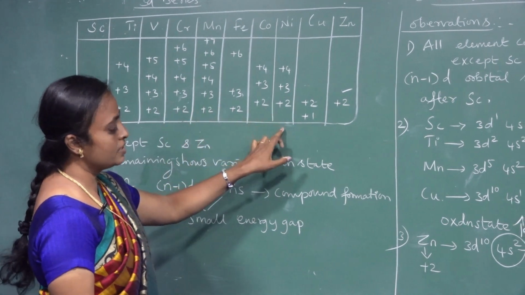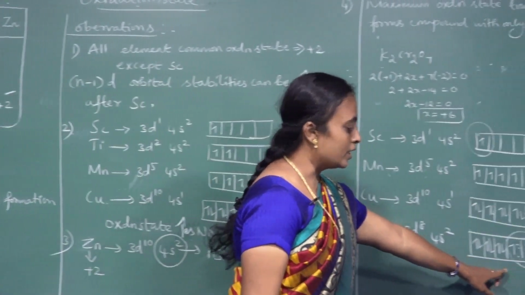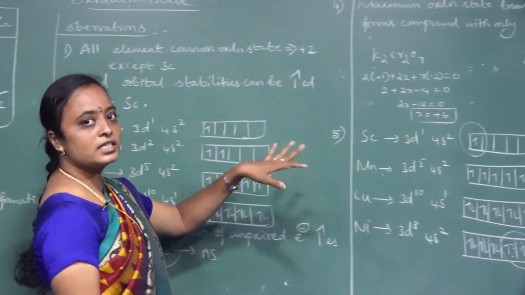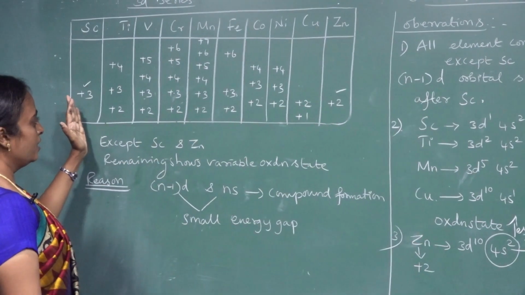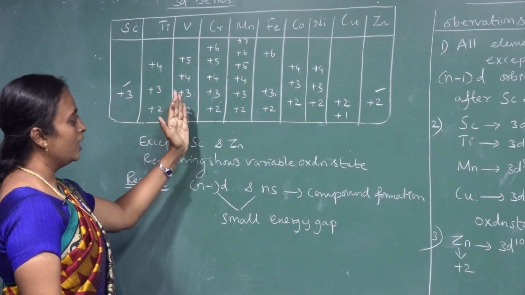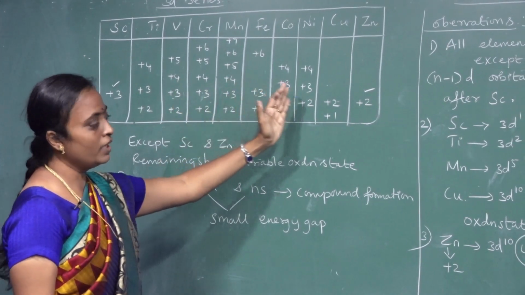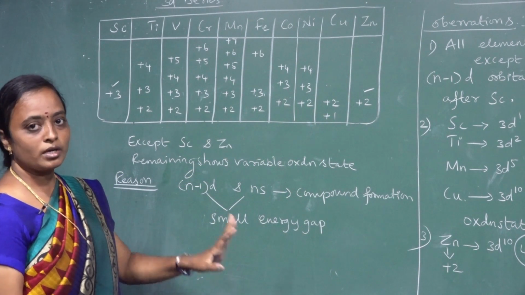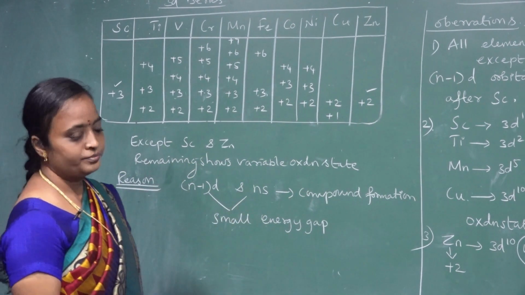At the end of the series, the availability of d electrons is less, so nickel also decreases in oxidation state. So the oxidation state slowly increases, reaches the maximum value in the middle, and then slowly decreases, based on the number of d electrons present in the orbital.